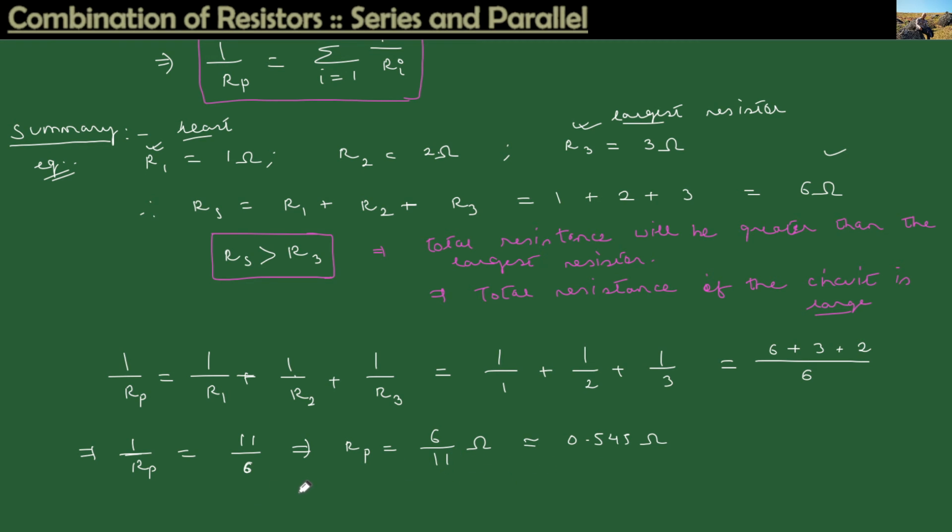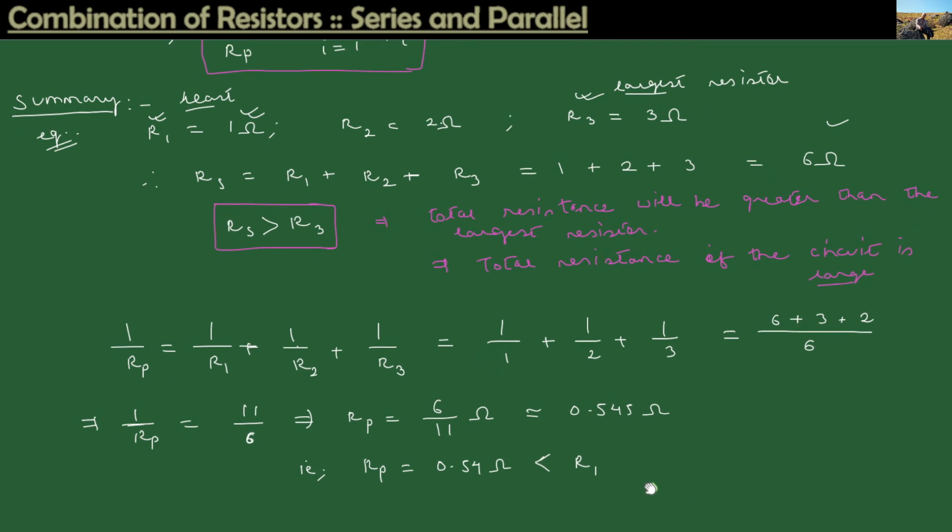That means when resistors are connected in parallel, this value of 0.54 or 0.55 ohms is very much smaller than the value of R1, which is equal to 1 ohm.